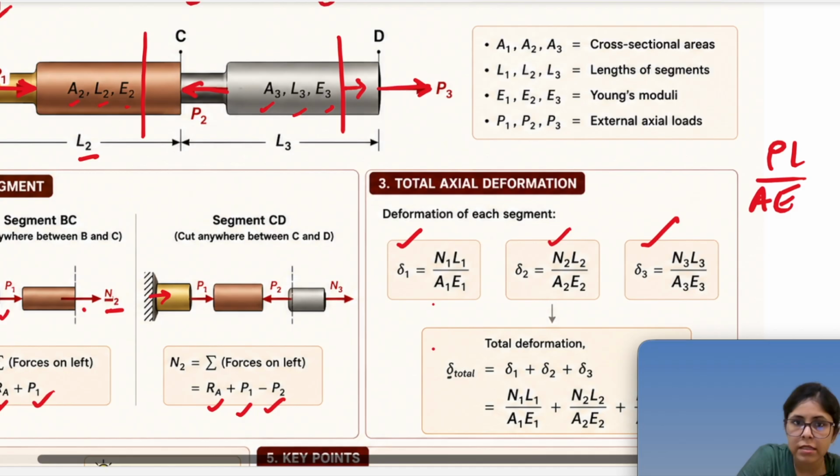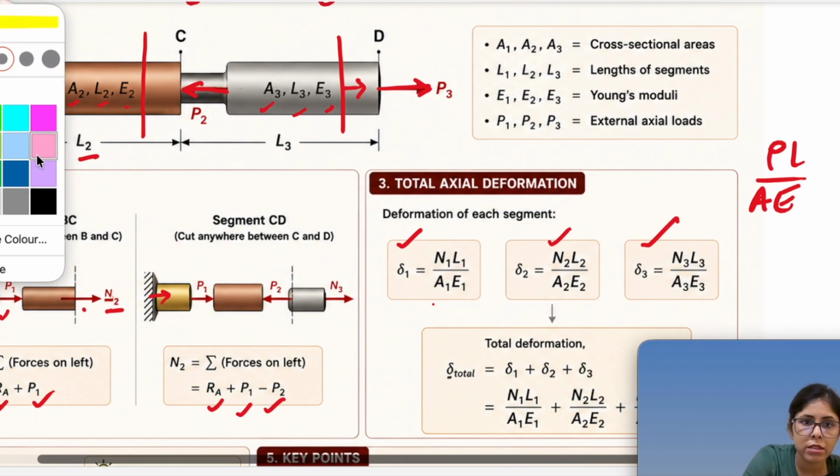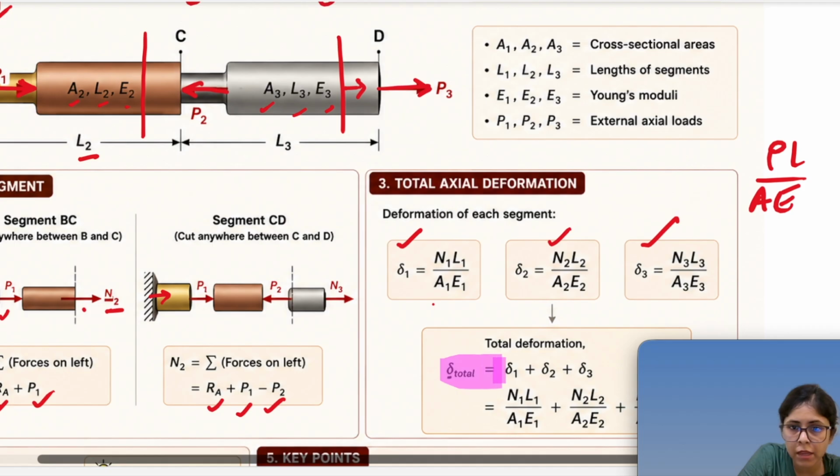So in this case, the total deformation will be del 1 plus del 2 plus del 3. The linear algebraic summation of all the deformations will give you the total deformation.